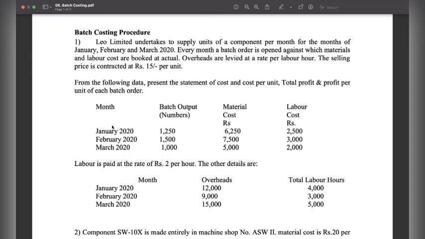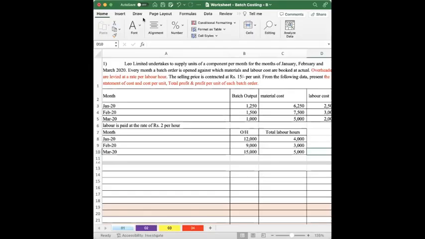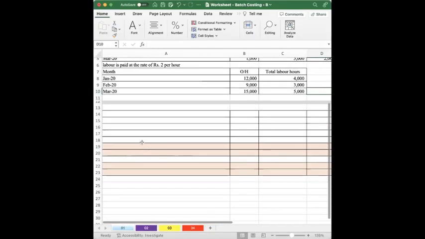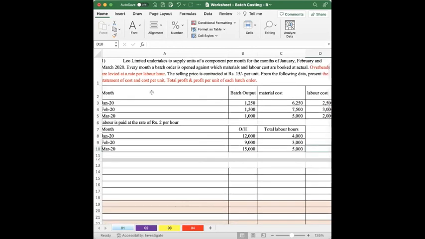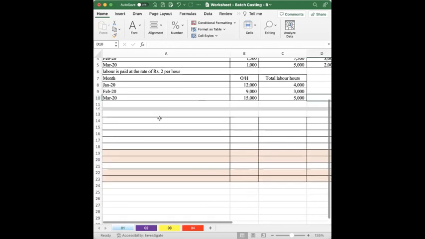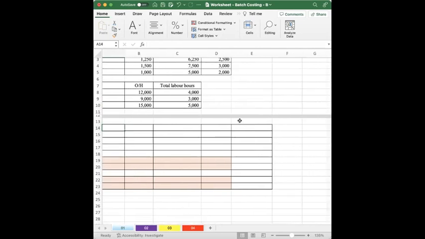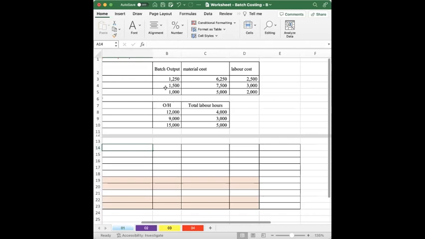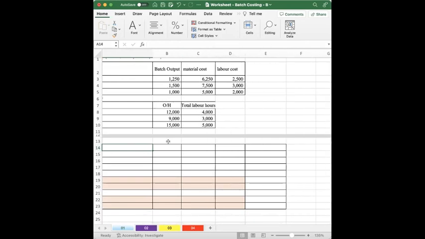Let me take the Excel. Okay, now first we have to work on the statement of cost, right? Let's prepare the statement of cost. So we will have this for January, February, because monthly we have to find.